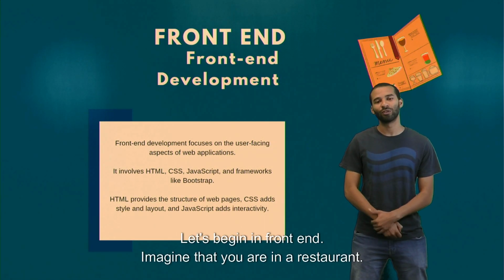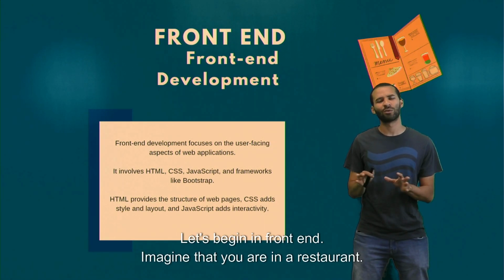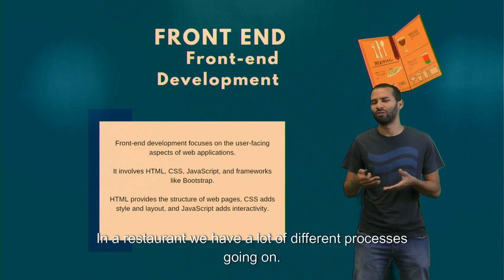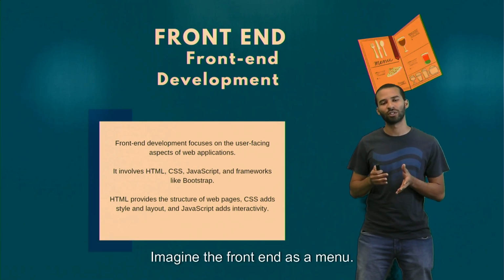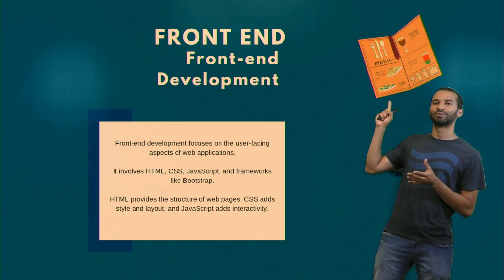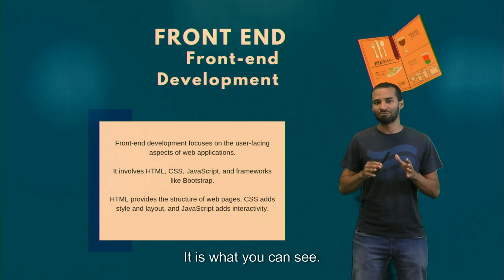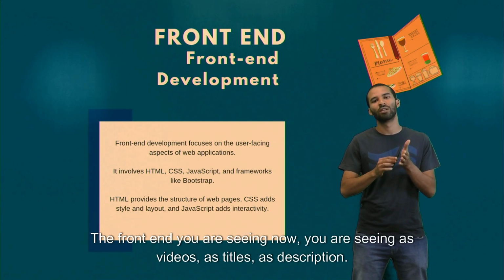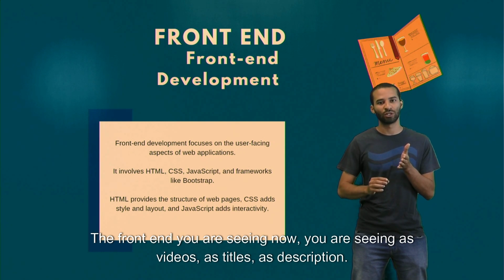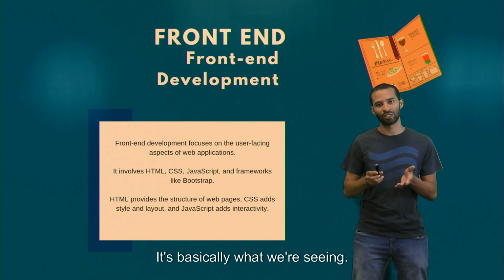Let's begin with the front end. Imagine that you are in a restaurant. In a restaurant, we have a lot of different processes going on. Imagine the front end as a menu. It is what you can see. The front end you are seeing now, you are seeing as videos, as titles, as descriptions. It's basically what you are seeing.